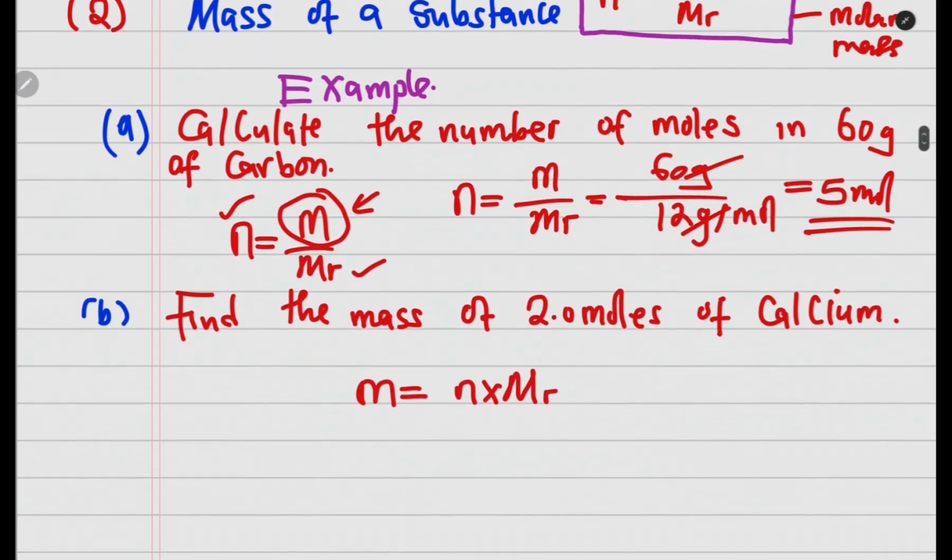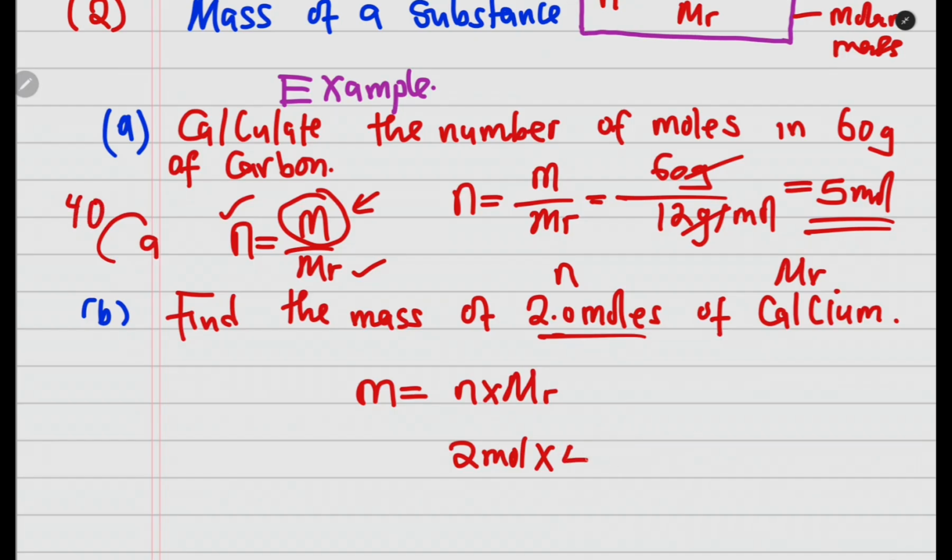Let us look at this example. Find the mass of 2 moles of calcium. The number of moles is given, which is 2, and calcium, we can find its molar mass. So number of moles is 2 mole, then multiply by the molar mass of calcium. If you look at calcium on the periodic table, Ca, on top there is 40. So 40 gram per mole.